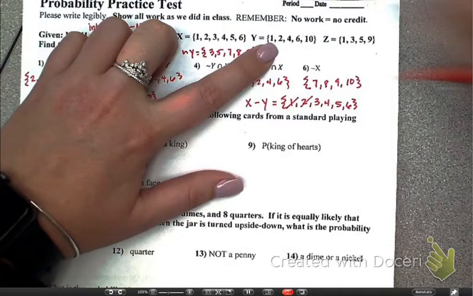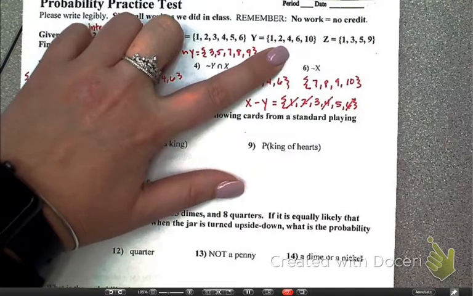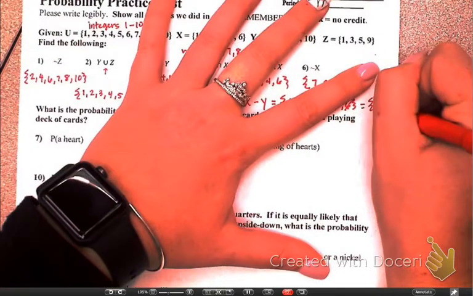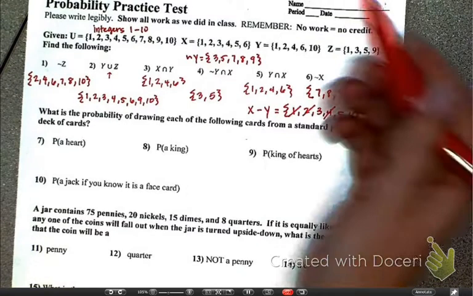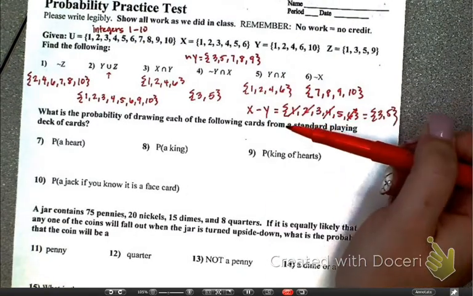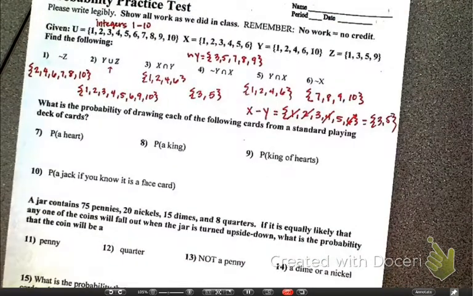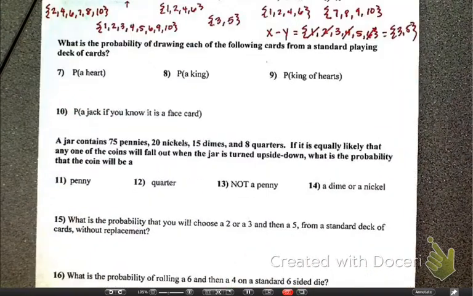Y has a 2, so I'm going to cancel it. Y has a 4, Y has a 6. What's left over? 3 and 5. Okay? So it would be like subtracting. 1 minus 1 is 0. Like it goes away. 2 minus 2 is 0. It goes away. And then whatever you can't match up stays. Okay? Anything else on set theory?